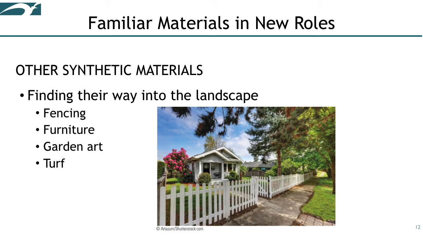Other synthetic materials you will find in the landscape: fencing, plastic furniture, garden art of various kinds. Some are made with concrete, some are made with plastic. Turfs, you have artificial turfs.